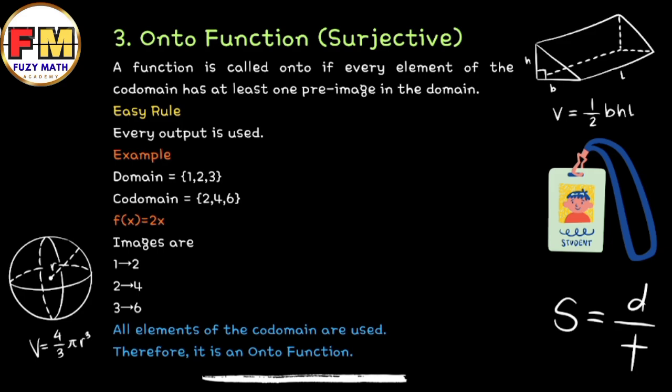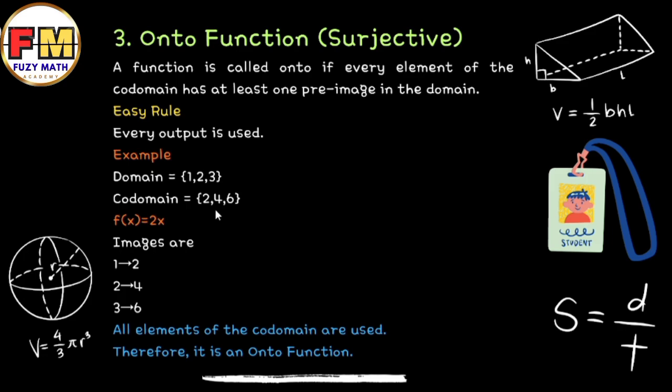Third is onto function. This is also called surjective. A function is called onto if every element of the codomain has at least one pre-image in the domain. Easy rule: every output is used. Example: domain equal to the set {1, 2, 3}.